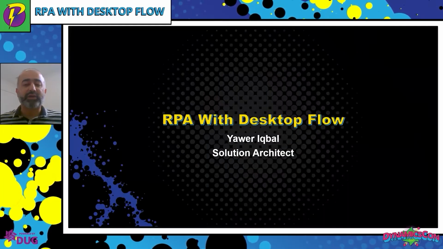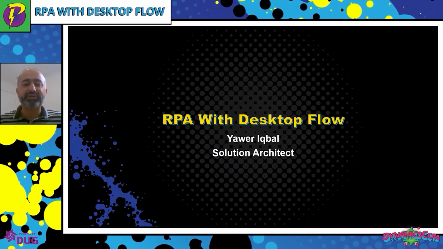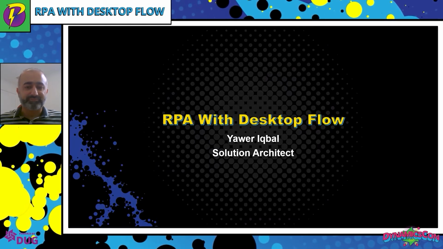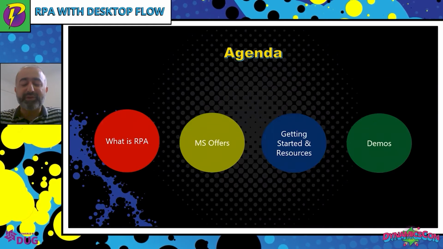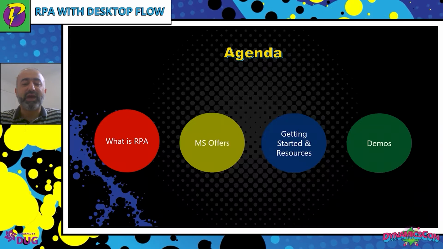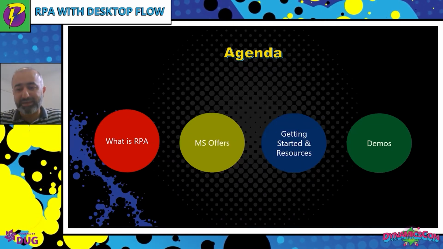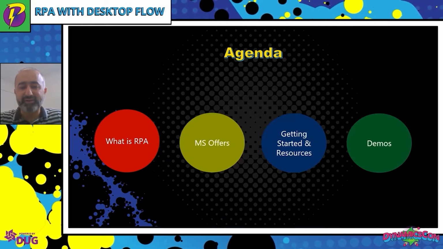My name is Yawer Iqbal. I'm presenting this introductory session about robotic process automation with Desktop Flow. I can easily divide my session into four segments. In the first segment, I will discuss a few basic things like what is RPA, its benefits, and an understanding of the RPA market.